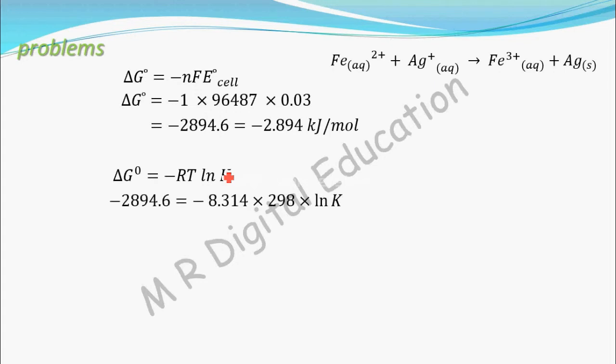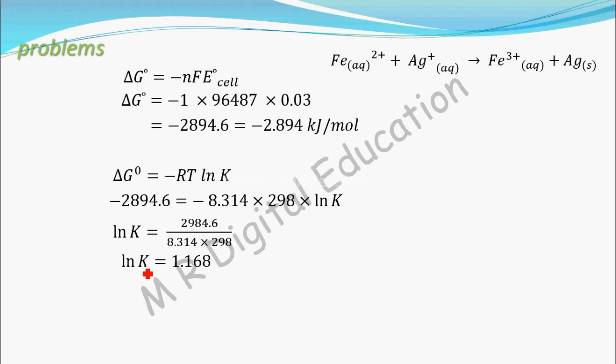Take the joule per mole value only, don't take the kilojoule, because always take standard units. Minus this number equals minus 8.314 into 298 into ln K. You want this ln K value, so take this to this side and divide.